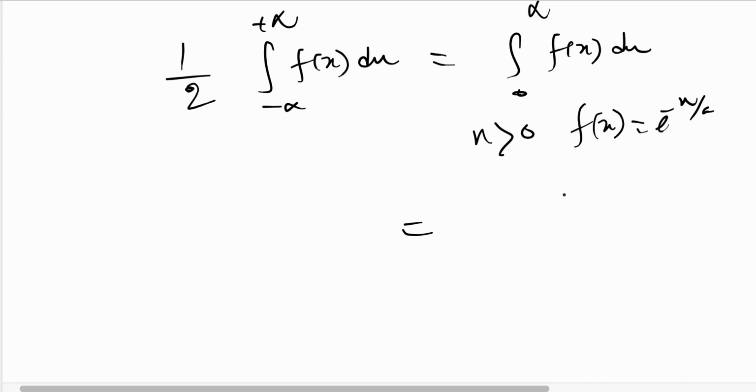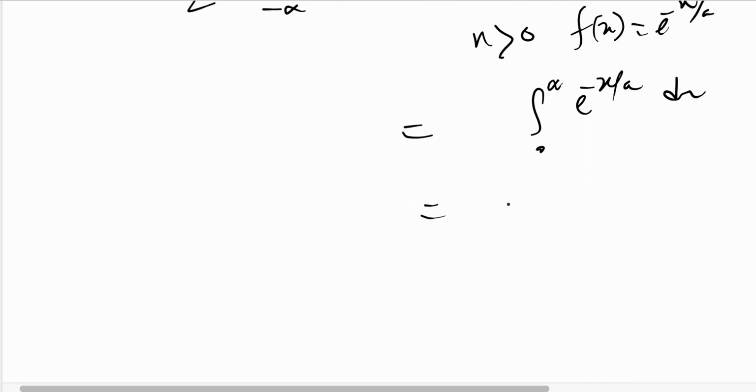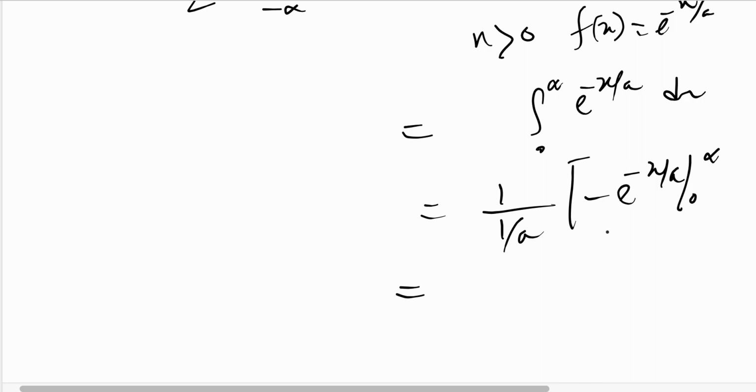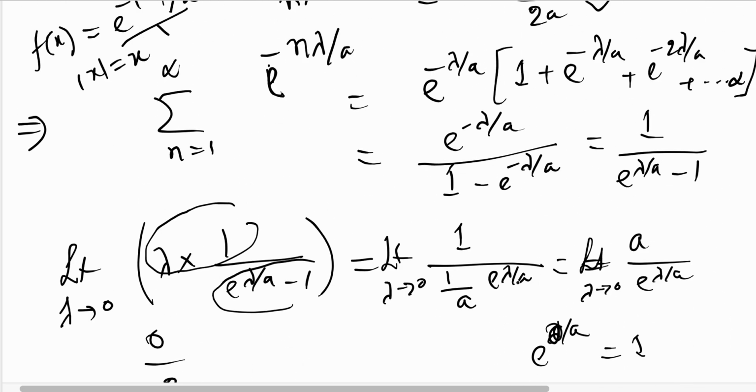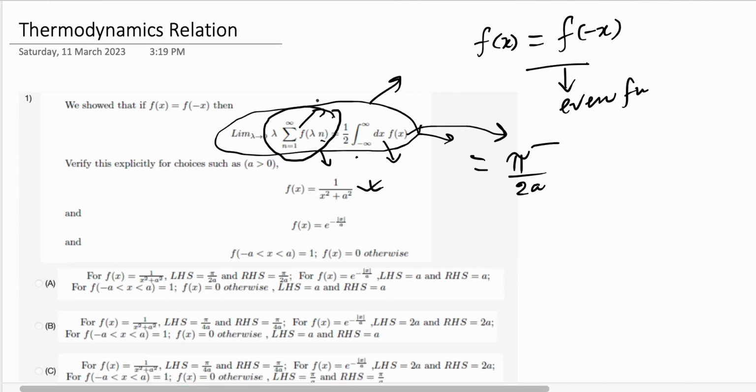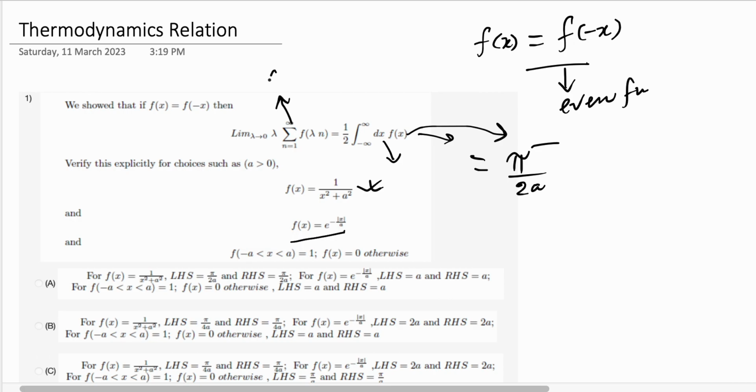So the integral from 0 to infinity of e to the power minus x by a dx, if I integrate it, becomes a times minus e to the power minus x by a from 0 to infinity. At infinity it is 0 and at 0 it is 1, so it will become a. So again we can see that for this case, the left hand side becomes a and the right hand side also becomes a.